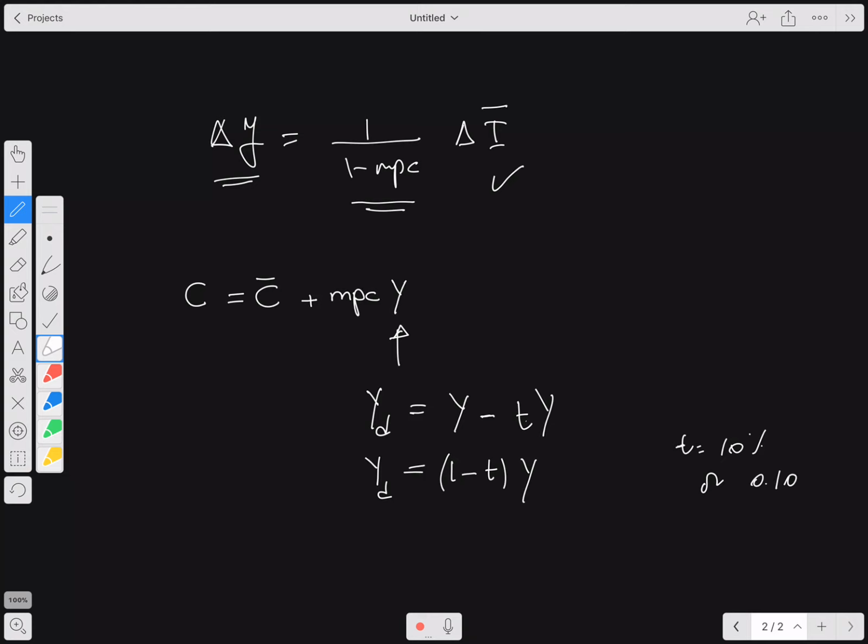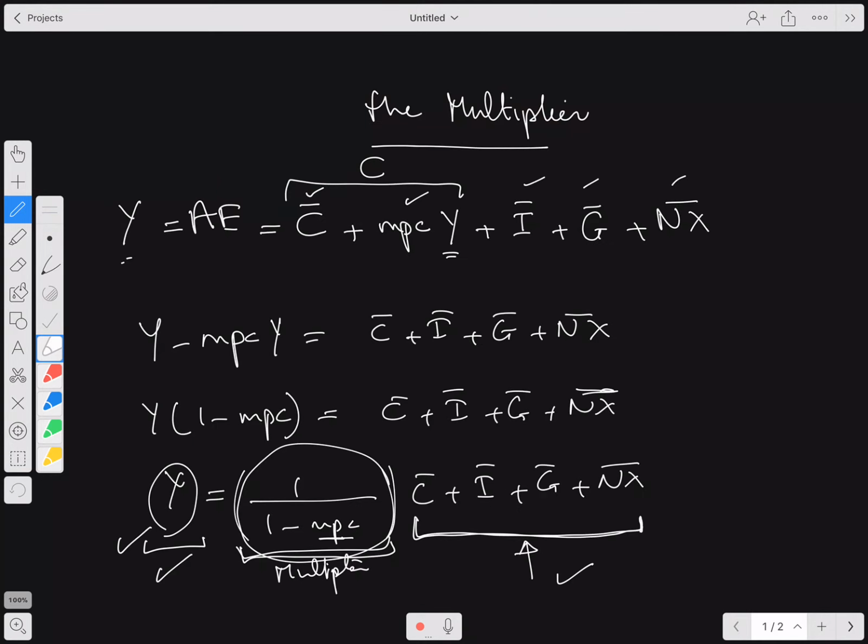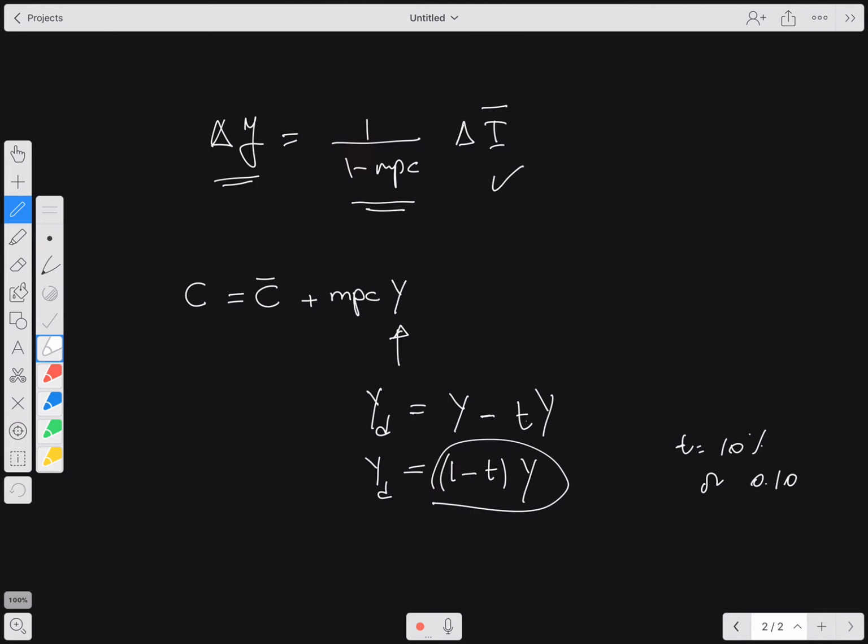So we have to go back to our equation, and every time we see y, it has to be replaced by yd. Okay, so our model would look like this.